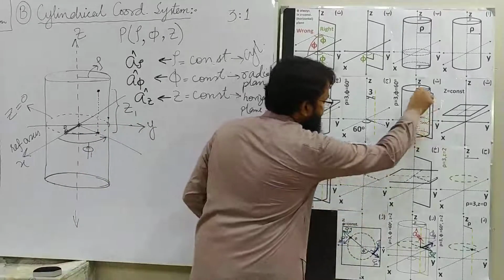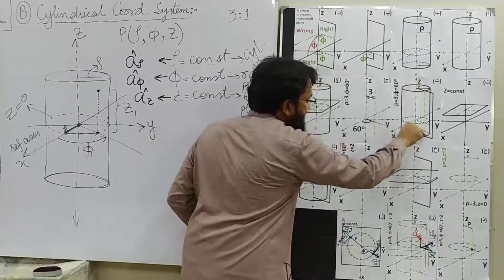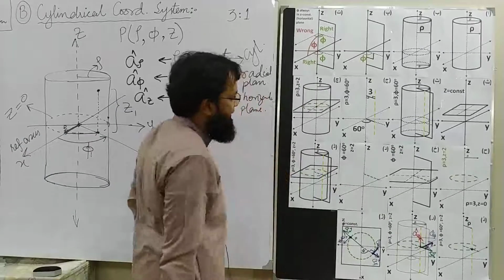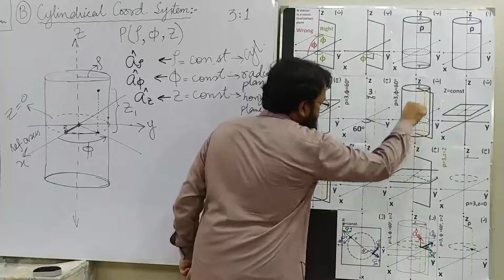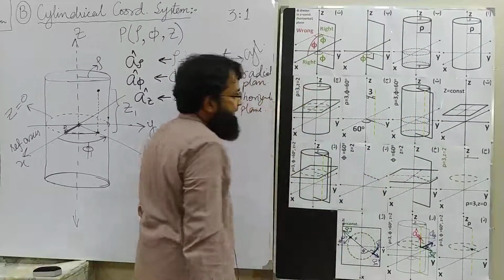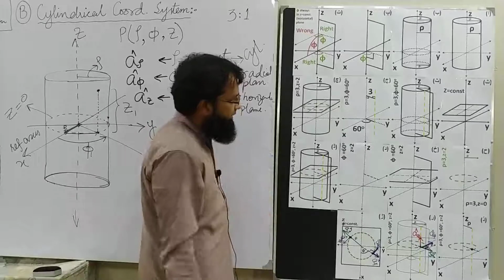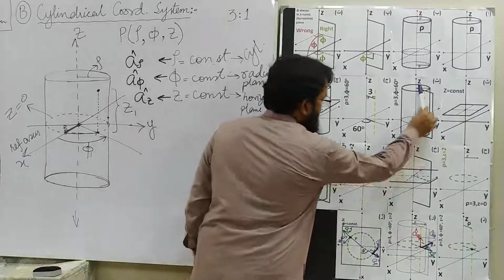For instance, if I am standing anywhere on this vertical line, the direction of rho will not change. Why? Think yourself why. If I'm moving along this line, the direction of phi will not change. Why? Think about it for yourself.